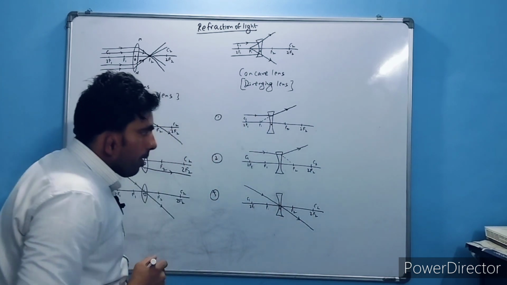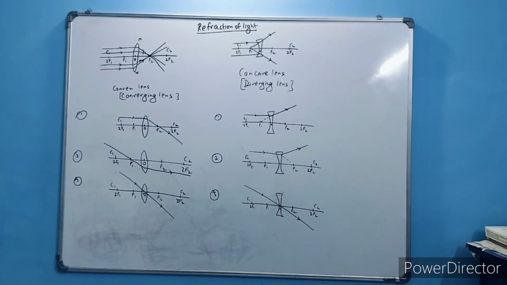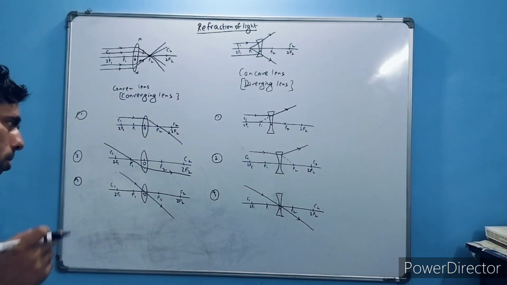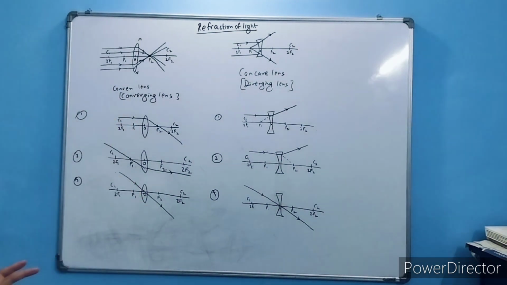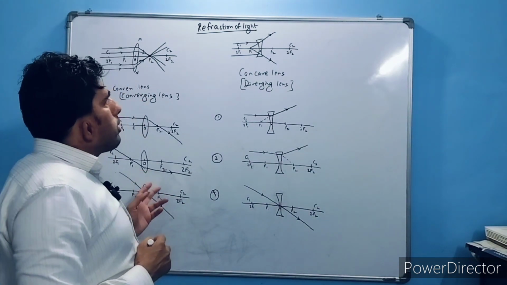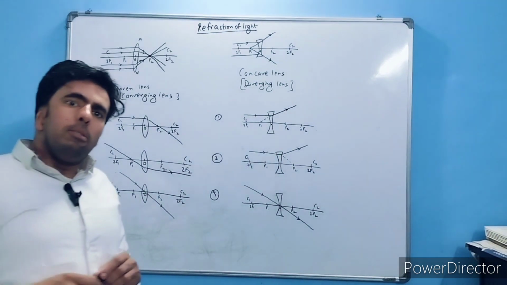When it passes through the optical center, it emerges without any deviation. So this is the third principle. So on these three principles, these two spherical lenses work.